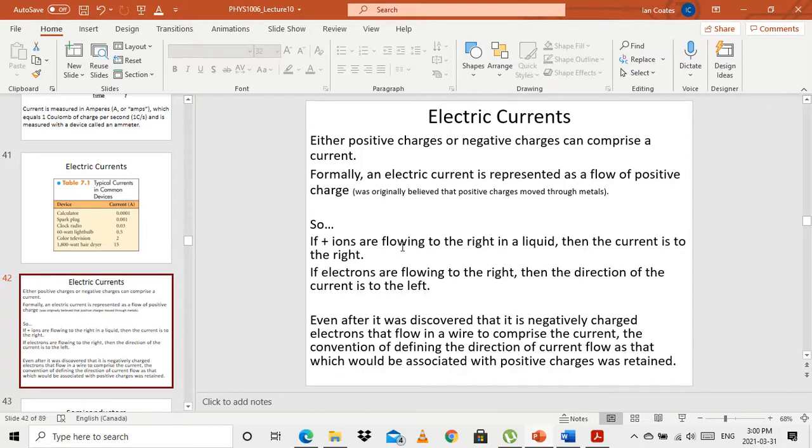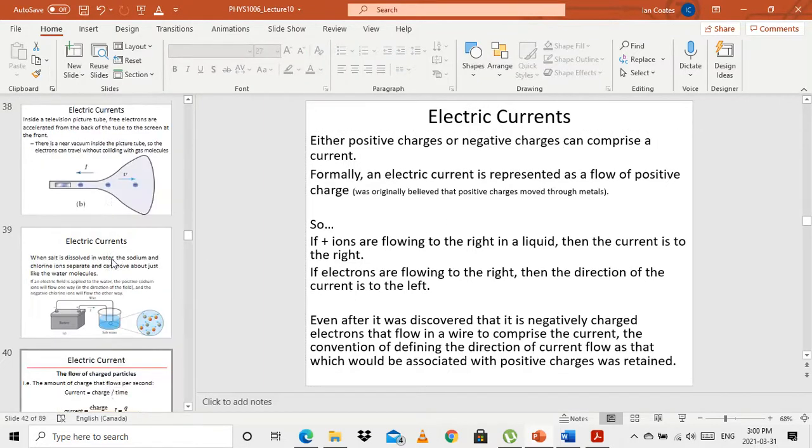Either positive charges or negative charges can comprise a current. We're just going to deal with negative charges, okay? Formally, an electric current is represented as a flow of the positive charge. You remember right here?